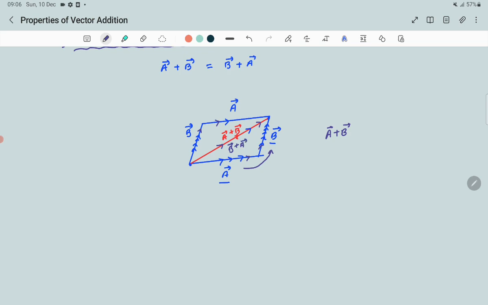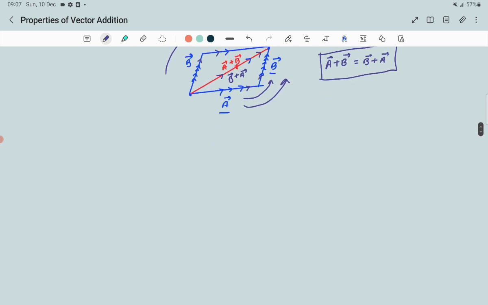So you can see the same diagonal that I have shown here by using a red line once represents a plus b, and then in the next look it represents b plus a. If you move in this direction you will get a plus b, but if you move in this direction you will get b plus a, and that is the same diagonal. So you can write a plus b equal to b plus a. So it is very simple to prove that vector addition follows the commutative property.